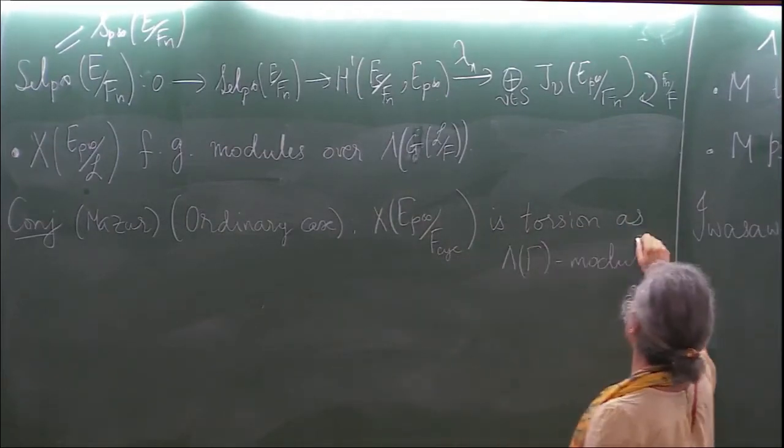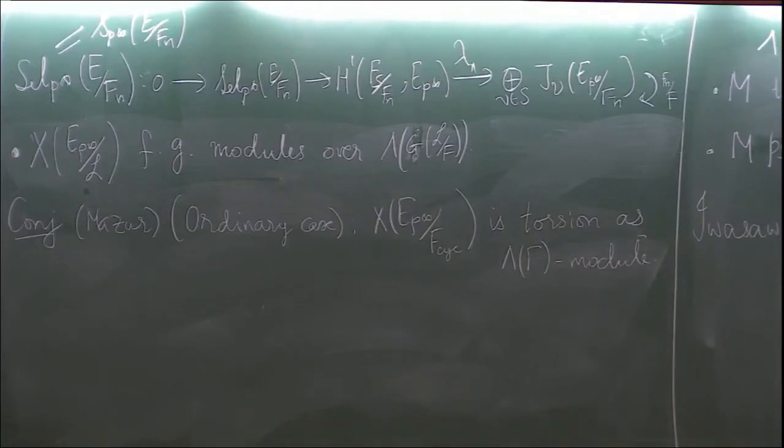And we have generalized this. We understand when a statement like this can be expected to be true when you go to non-commutative extensions. I'm always going to be working with extensions that contain the cyclotomic. And the conjecture is that in the ordinary case, this dual Selmer group over here is again torsion as a module over the Iwasawa algebra. And note that torsion makes sense now because I have dimension theory. So the dimension is 1 less than the dimension of the ring. That's the conjecture.